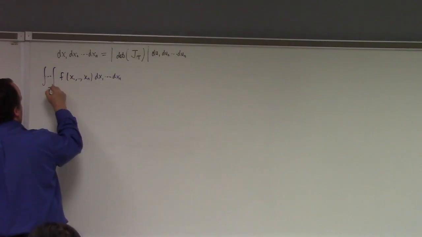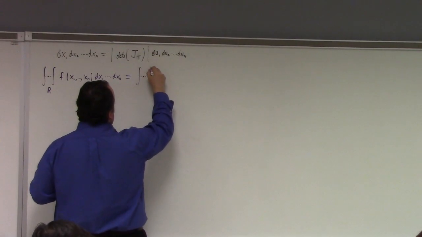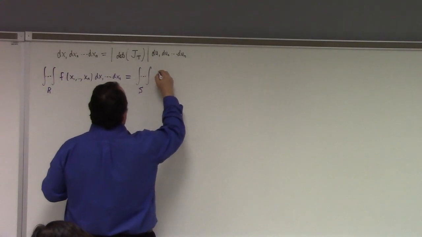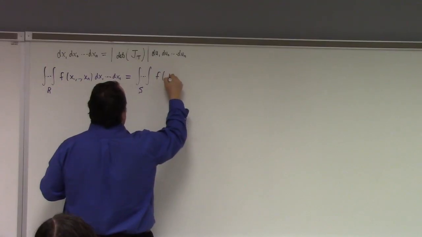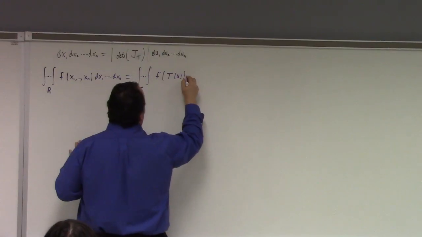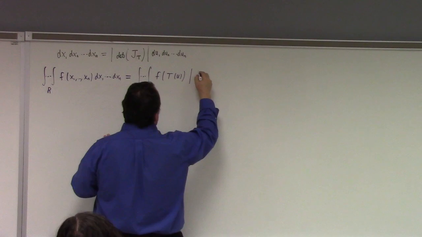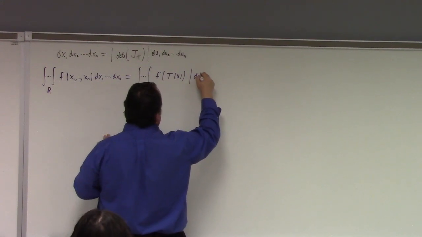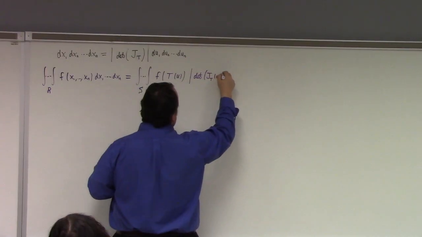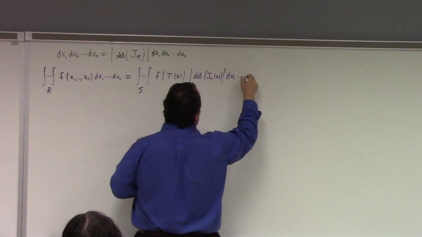So this is over some region R, and my claim is that that's equal to the integral over, let's say, S of the function at T of u times the absolute value of the determinant of the Jacobian of T at u, du1 through dun.